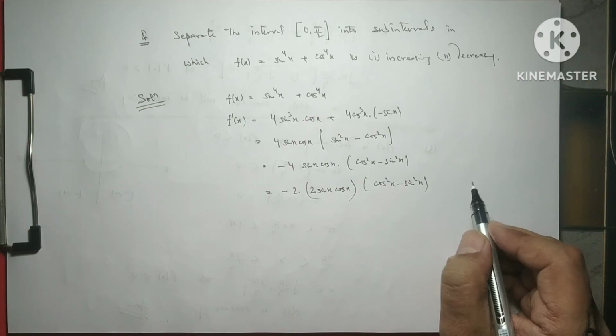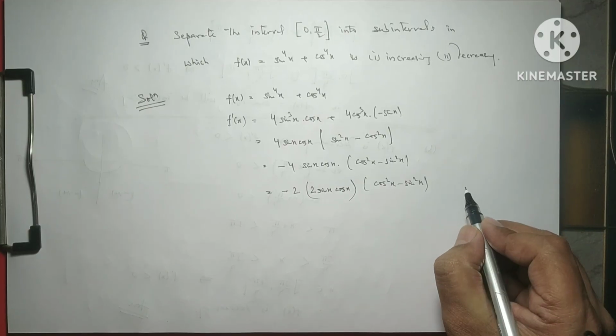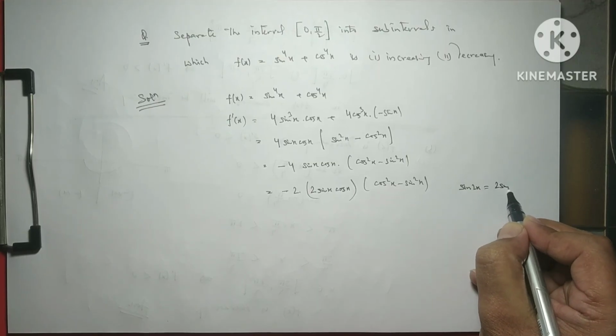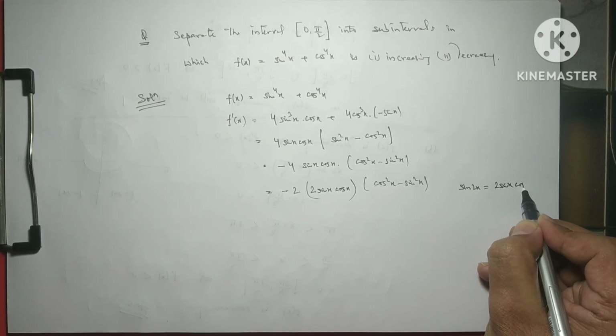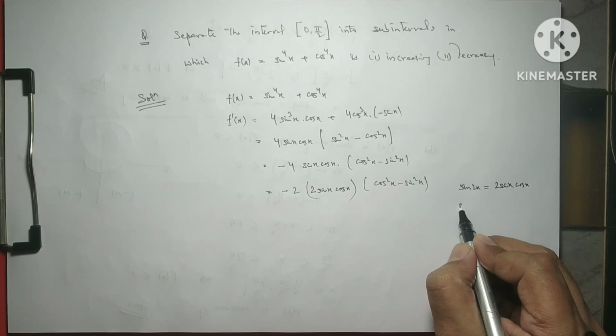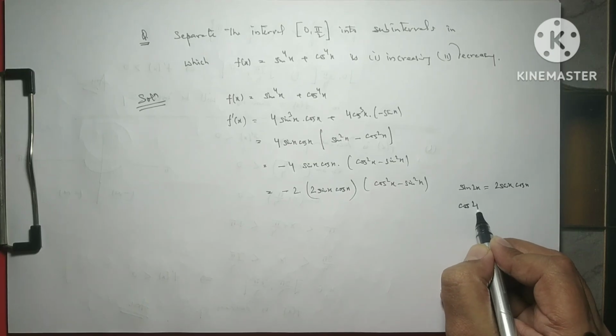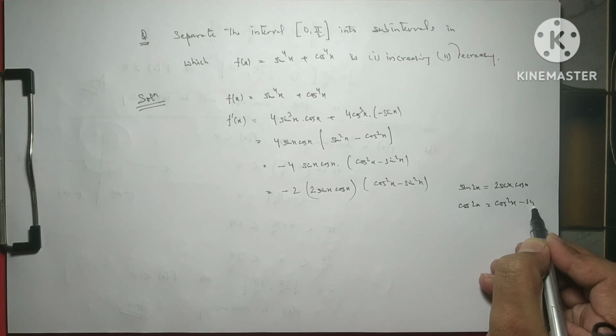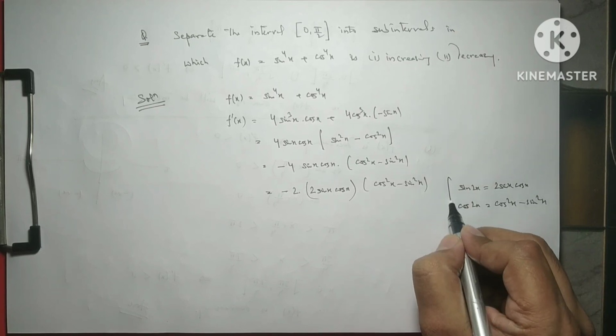So as we know the trigonometric formulas, the formula of sin 2x is 2 sin x cos x, and cos 2x is cos square x minus sin square x. So these are two formulae.